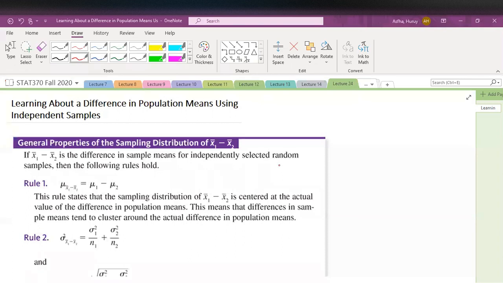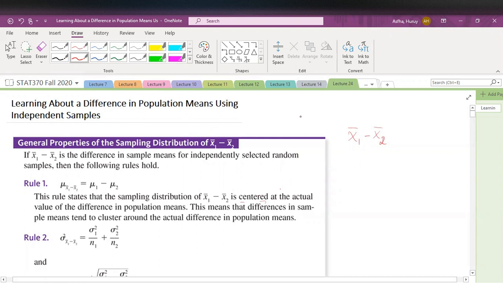When we do inference, what we always try to do is figure out the distribution of the statistic. In this case, our statistic is the difference between the two sample means, x bar 1 and x bar 2.